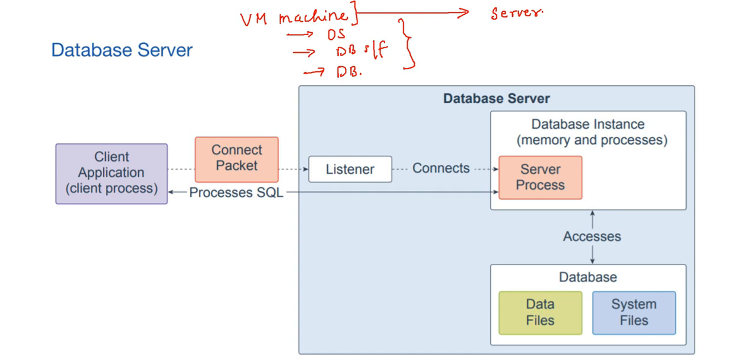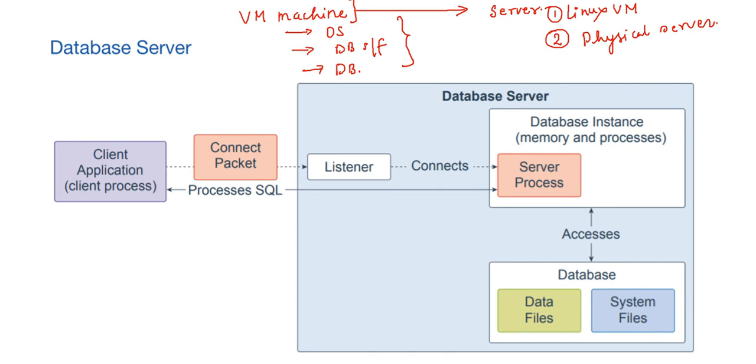If all these things are installed in the virtual machine, then we can say this is a Linux VM if the Linux operating system is installed. If there is a physical server, then it can be named a physical server. But in most organizations, the server is considered a Linux VM.